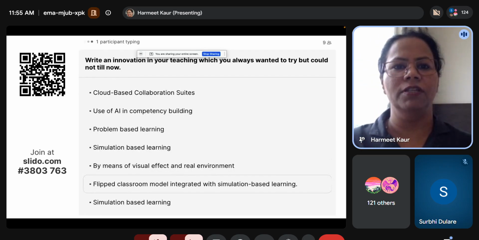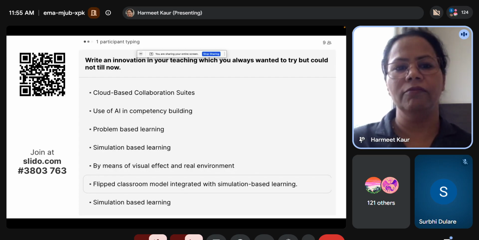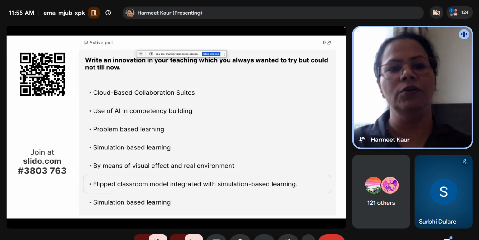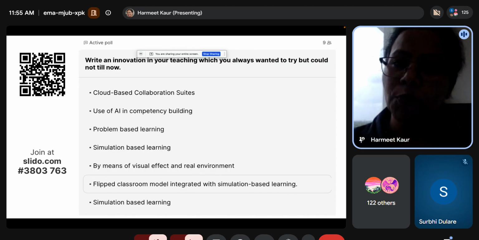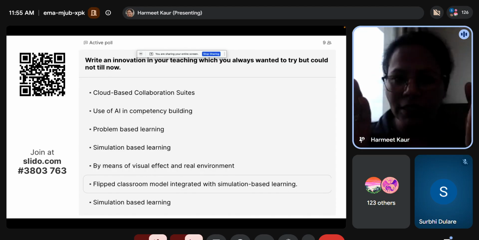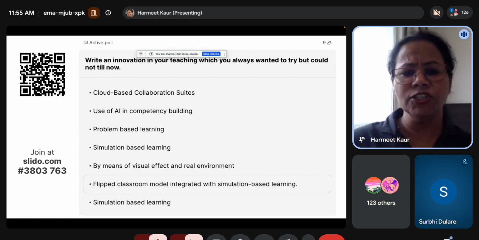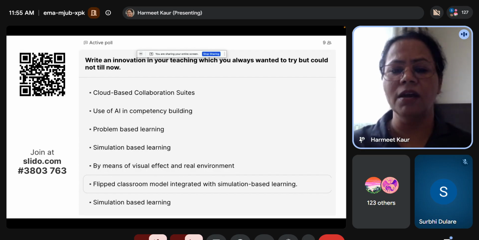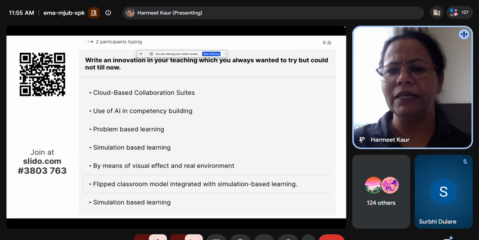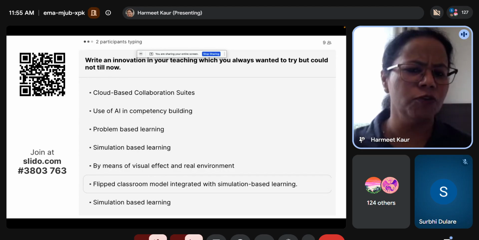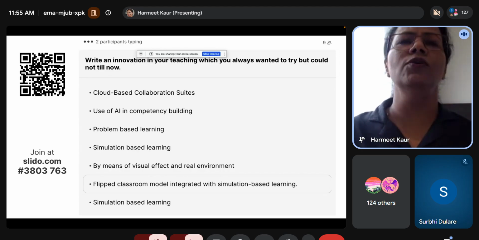So you have actually come out with really good innovative cloud-based collaborative ideas, so it's very good. So you have that understanding of what should be incorporated in teaching, and all these innovations which you have written are very easy to be incorporated into your teaching. But there might be so many different barriers which you might be seeing, I think so.